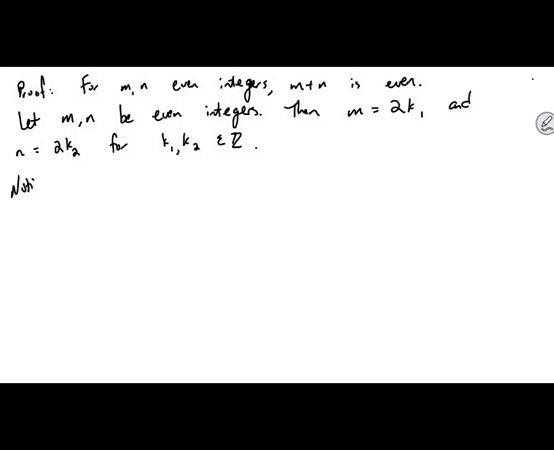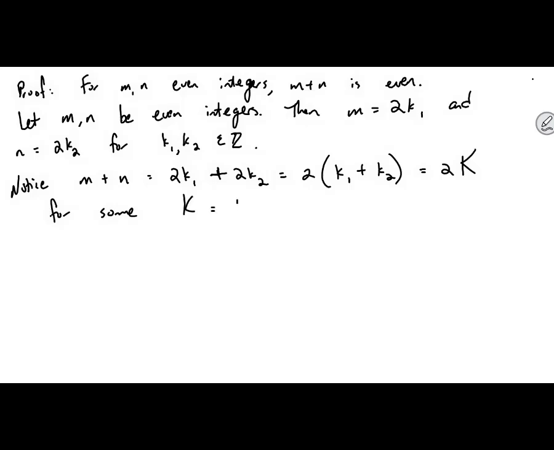Now, let's notice that if I were to add m plus n, that's 2k1 plus 2k2, I would get 2 times k1 plus k2, which is 2 times some k, with k equaling k1 plus k2.